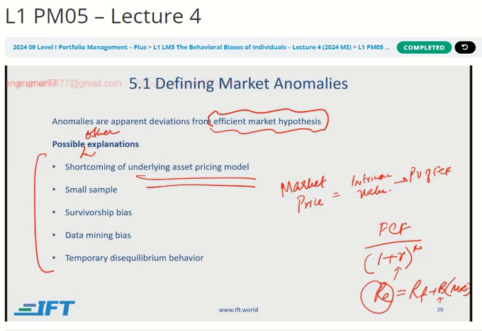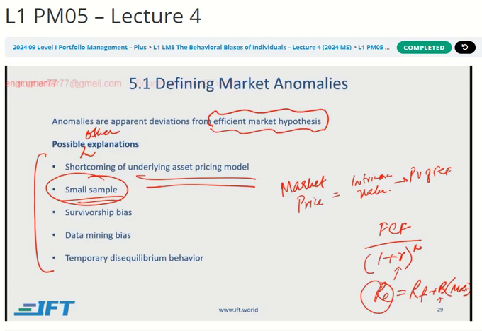Another reason could be that you've observed an anomaly, but actually that anomaly is not there because you've just taken a very, very small sample, right? And if you zoom out a little bit and look at the bigger picture, you'll find that it was just an exception. It's not a real actual inefficiency in the market.